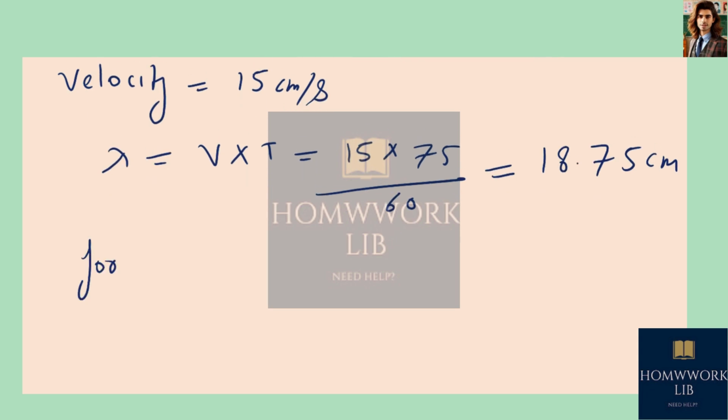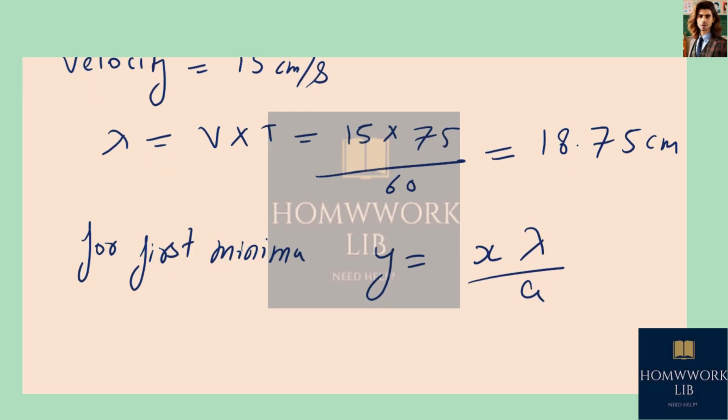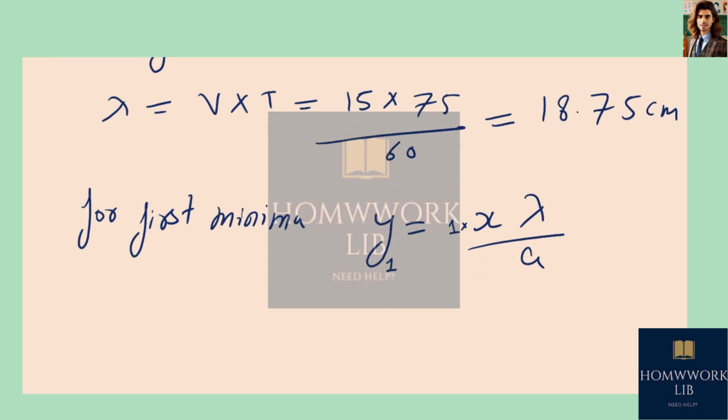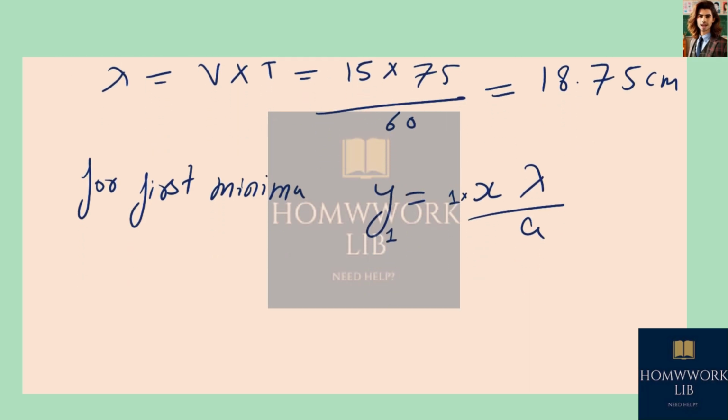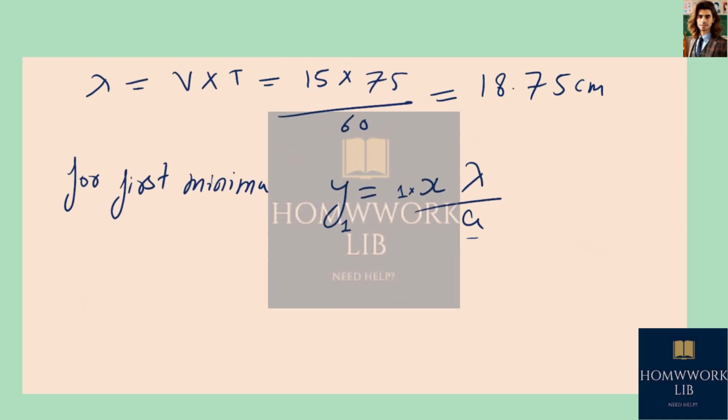For the first minima, using the formula y is equal to x lambda by a. Here, since m is 1, whether you write it or you don't write it, it's the same. Now we want to find a, so let's bring a to the left hand side. A is x lambda upon y1.